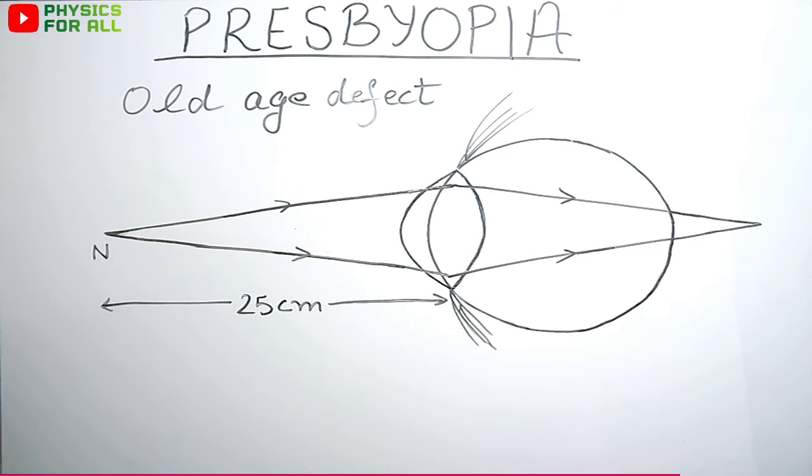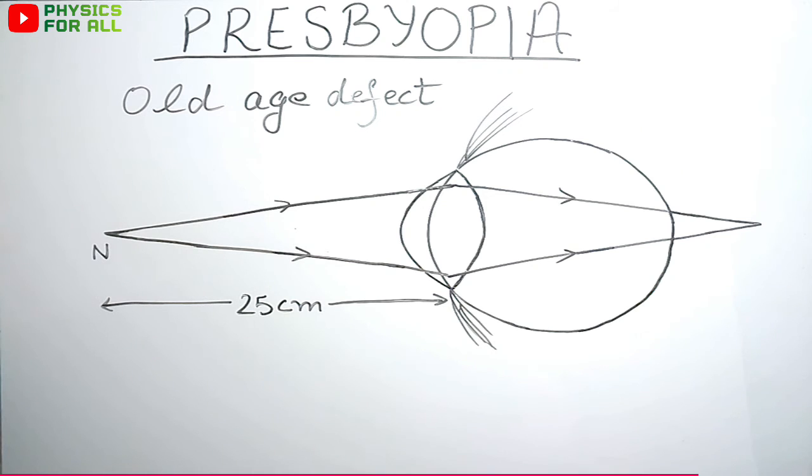So there is a possibility, and it actually happens, that in old age people suffer from both myopia and hypermetropia. But usually this is the case where they have the problem in seeing nearby objects.